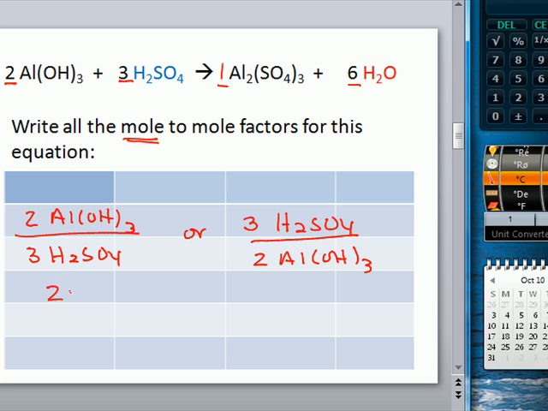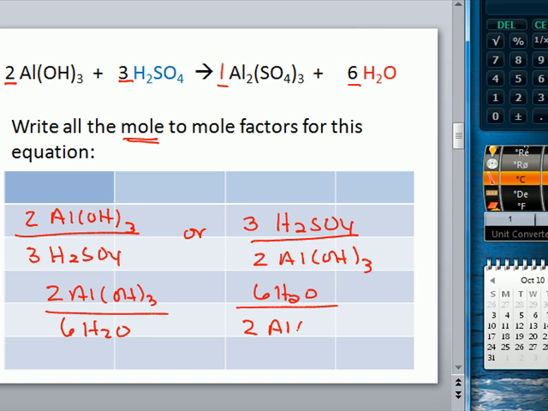We could also say that 2 aluminum hydroxide molecules can produce 6 waters, or that 6 waters are produced when 2 aluminum hydroxide molecules react. So there's a lot of different mole-to-mole factors that we could write.